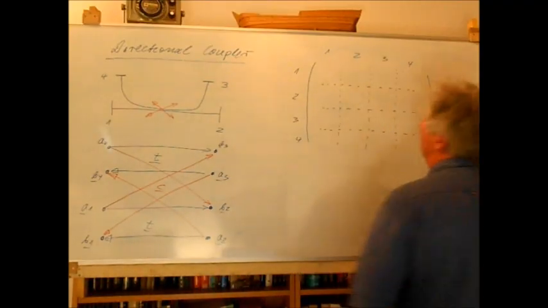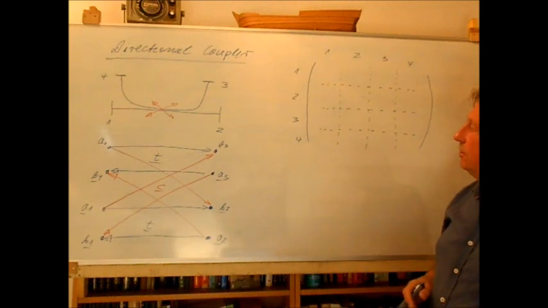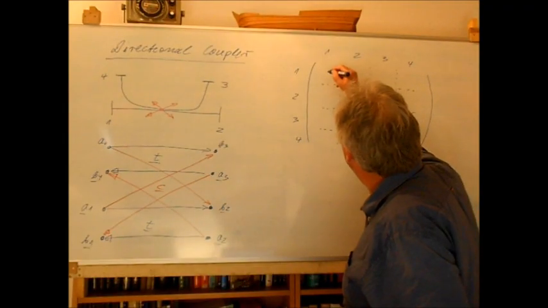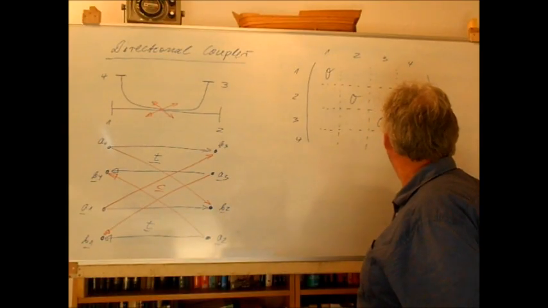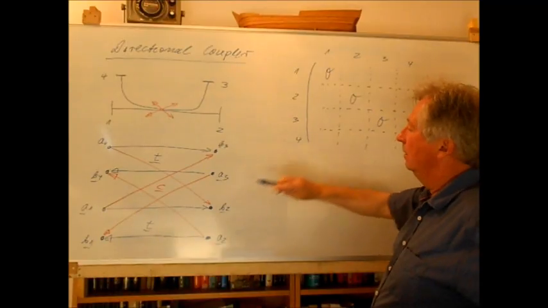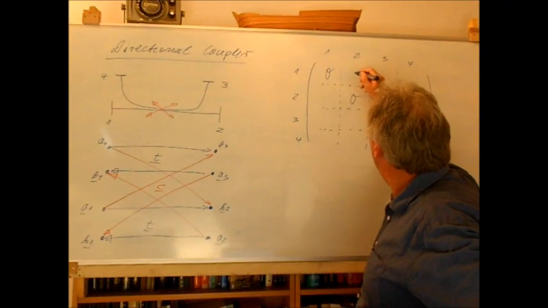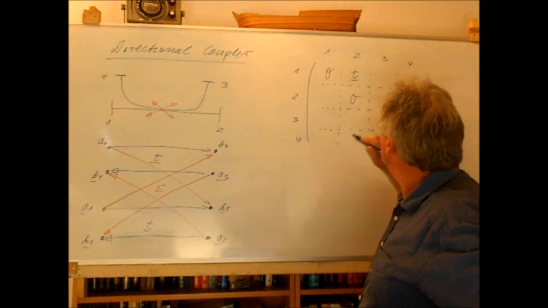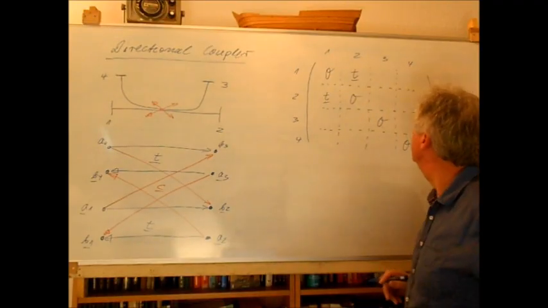If I set up the S matrix of a directional coupler now, we assume that this is an ideal directional coupler, so the transmission lines will be free of self-reflection. That means here we will always have a 0, and then we will have, for example, the transmission between port 2 and port 1, where we have a transmission coefficient T, and we will have a transmission between port 1 and port 2, the same transmission coefficient.